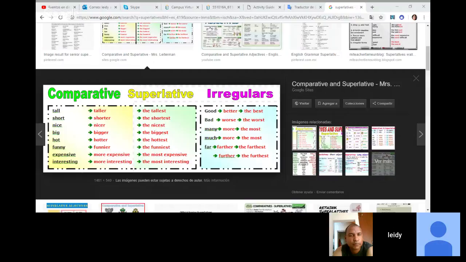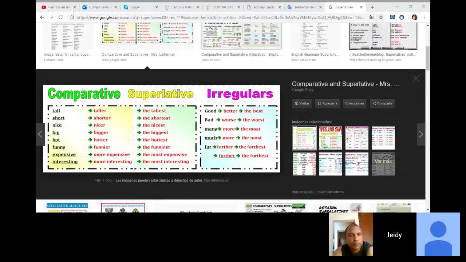About the comparatives, tall is only one syllable, and when you say an adjective with one syllable, you write taller, like in the example, okay? Short, you write only the vowel E and the consonant R at the end of the word.